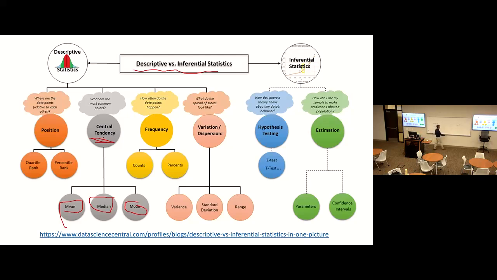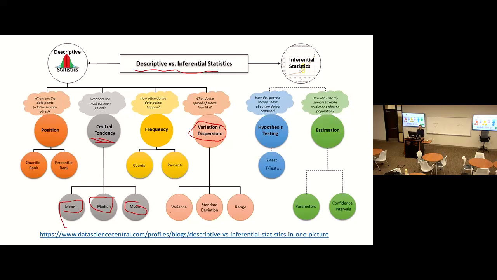You need single values to describe this. Also, most importantly, the dispersion and the variance, so variation.